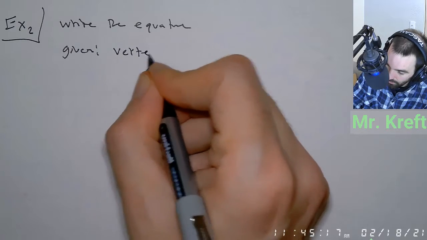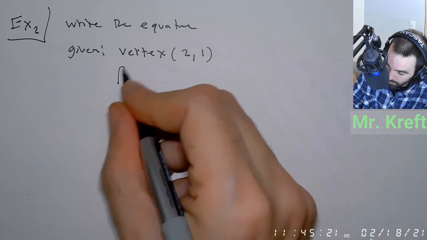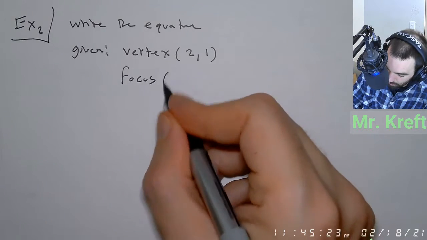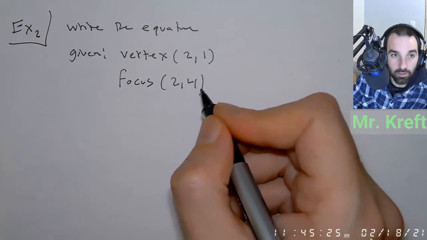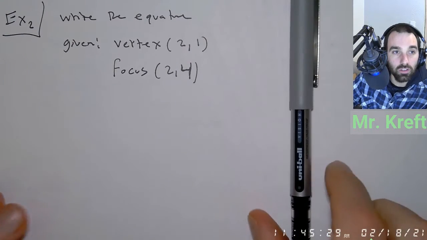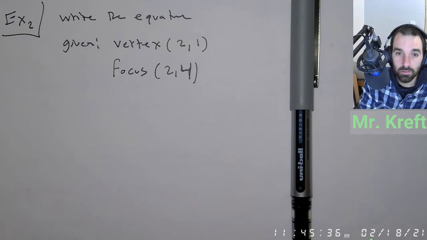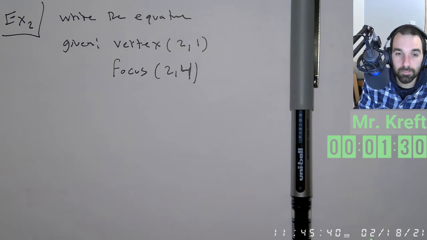My vertex is going to be 2, 1, and my focus is going to be 2, 4. In fact, why don't you guys try this? Write the equation if the vertex is 2, 1 and the focus is 2, 4. Give that a shot. I'm going to give you guys a minute 30 to do that.